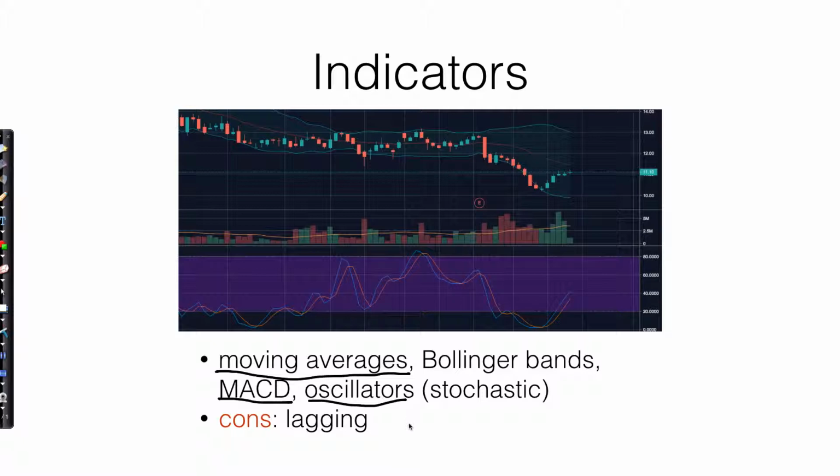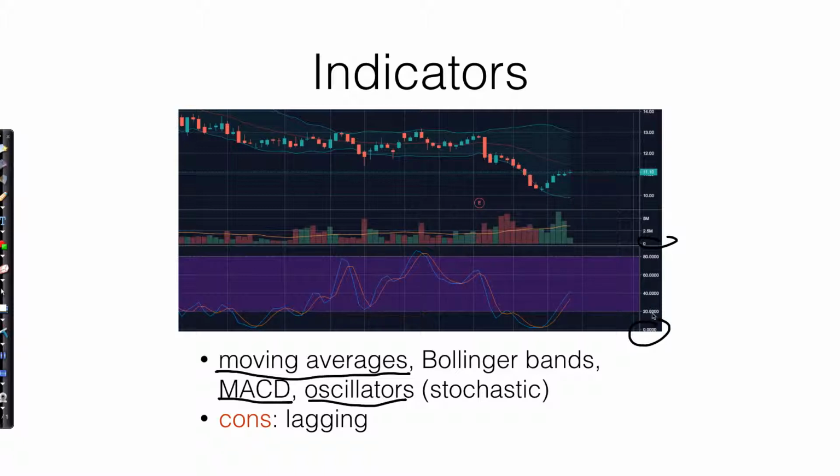An oscillator is an indicator that is usually bouncing between two levels. So for stochastic it is between 0 and 100. And usually what happens is that when the line is below 20, this is considered an oversold condition. And when you are above 80, but this level again, some people use 30 and 70.